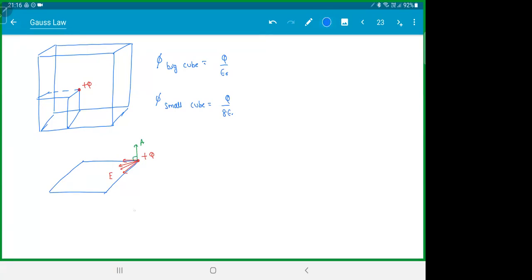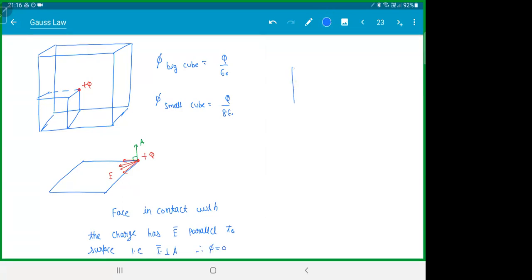That means the face in contact with the charge has E bar parallel to the surface. That is, field is perpendicular to A. Therefore, flux is 0.